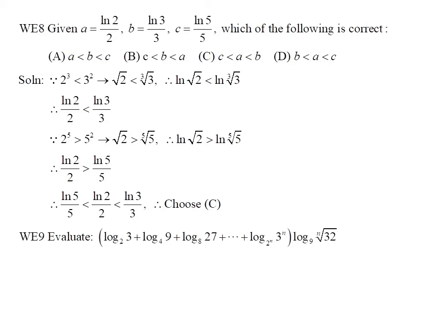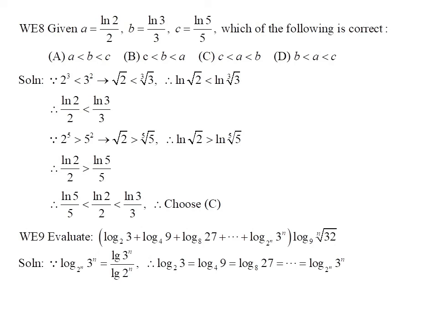Example 9 is to evaluate a logarithmic expression. After careful observation, we find that the base and base numeral of all the terms in the series are somehow related. Since logarithm base 2 to the n of 3 to the n equals logarithm of 3 to the n divided by logarithm of 2 to the n, all the terms in the series are the same.